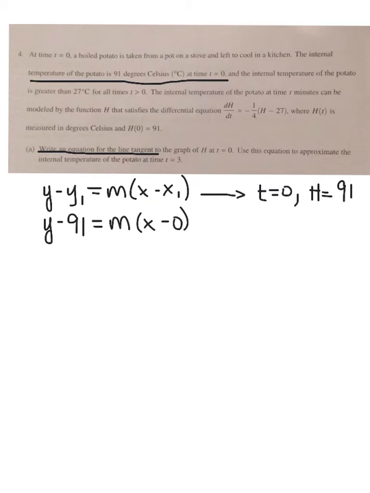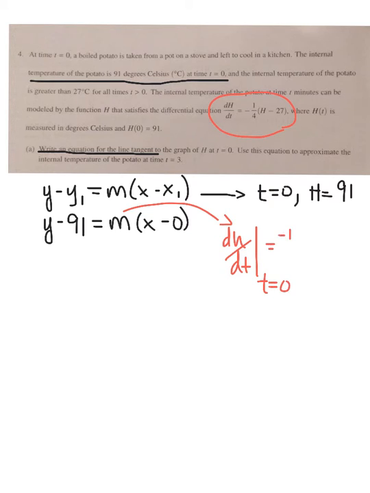You don't have to. I'll get rid of it in a minute. Okay, now, so the thing that we're looking for is the m, which is the slope. But let's think about what we have here. That is slope. So basically, all we're going to be doing is dh/dt, and we're going to be evaluating that at time 0.